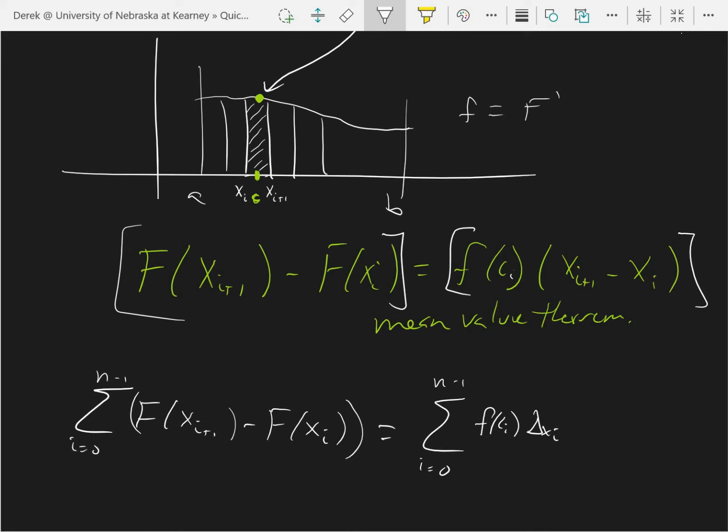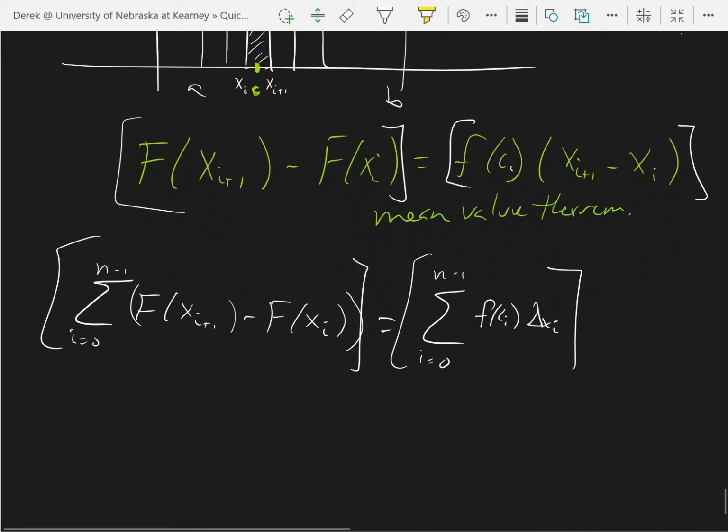And this gives me a bound on the upper and lower, right? Mi is bigger than or equal to f of ci is bigger than or equal to little mi.